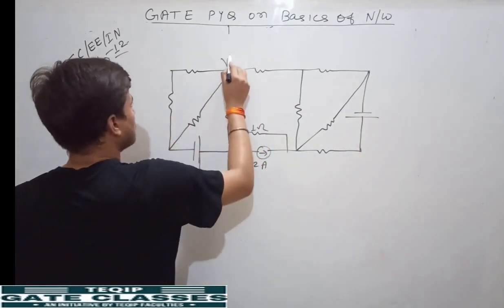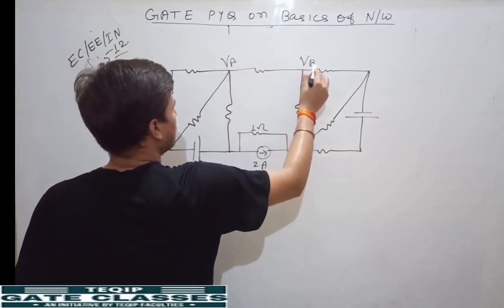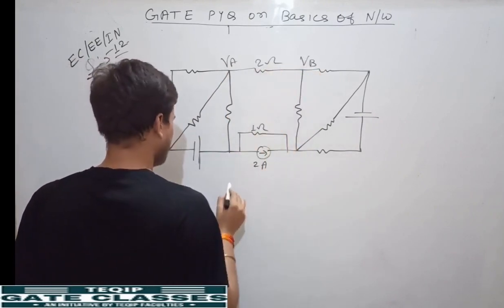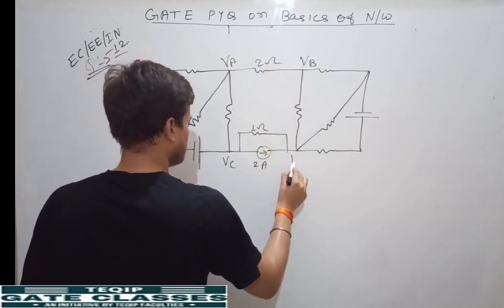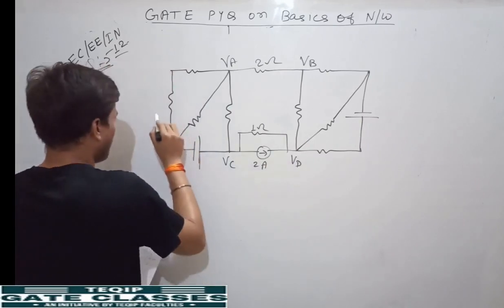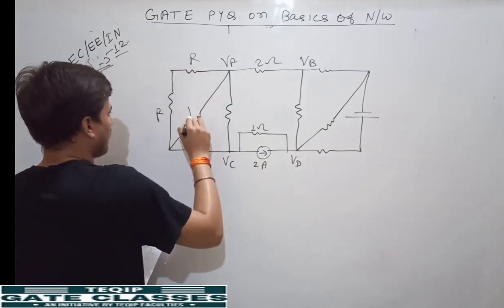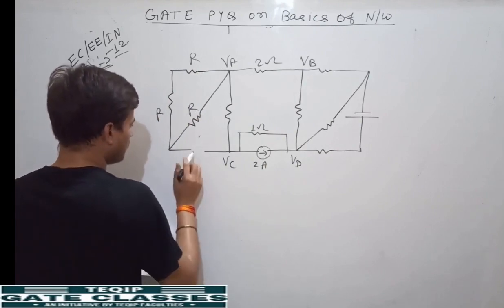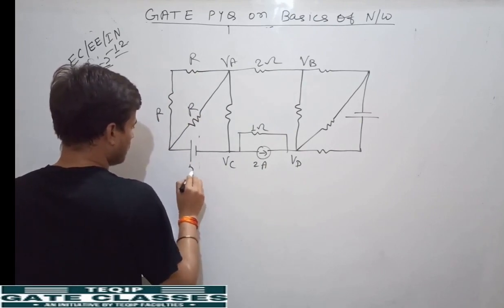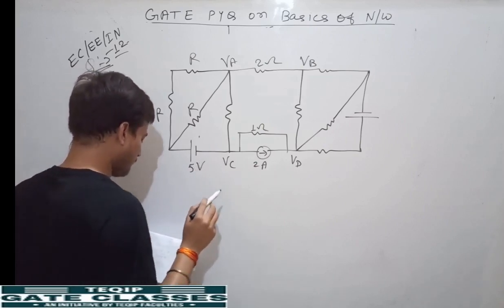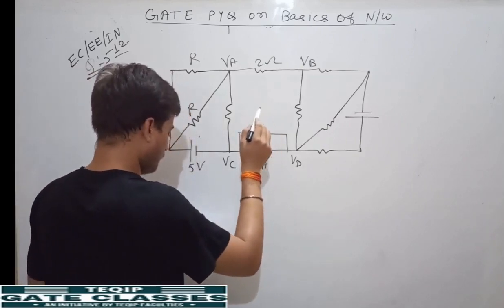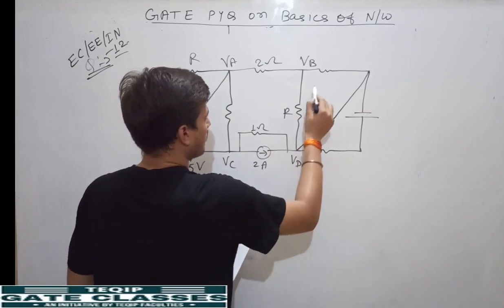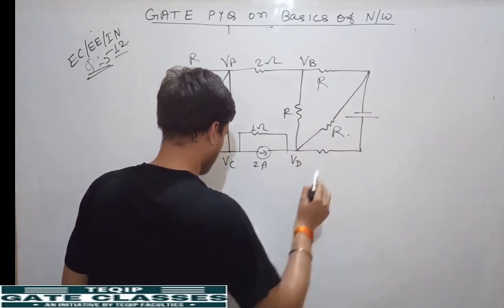This is VA, this is VB, this is 2 ohm, this is VC, this is VD, R, here it is 5 volt, here it is 2 ohm, R. Now what are they given?